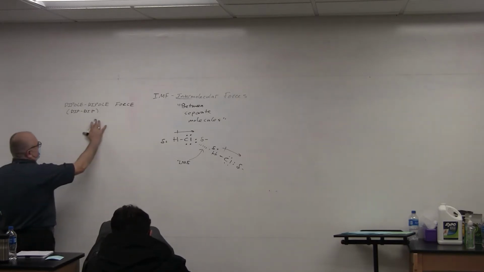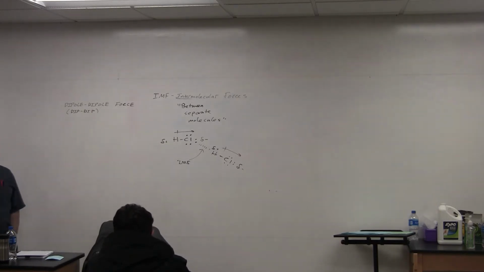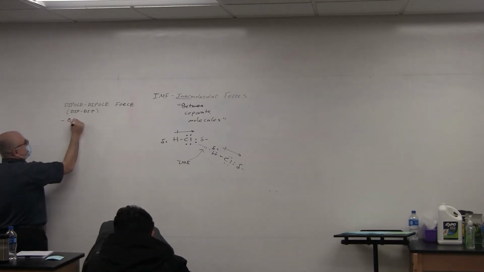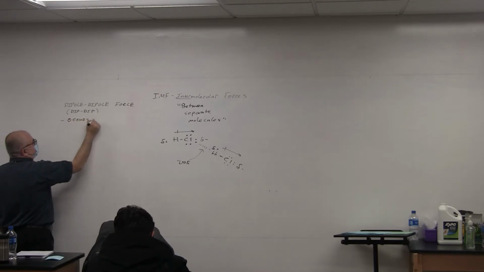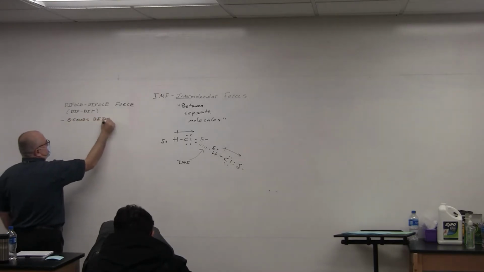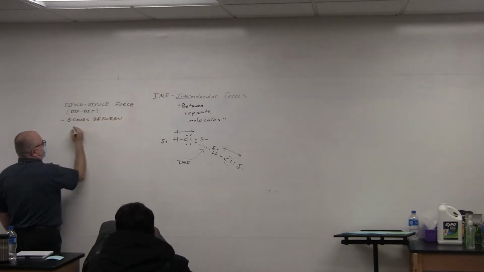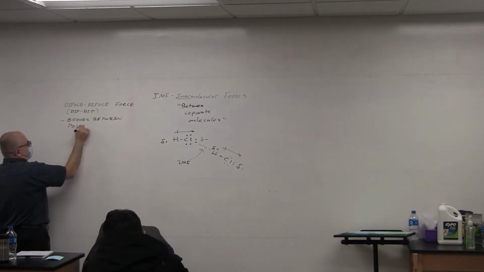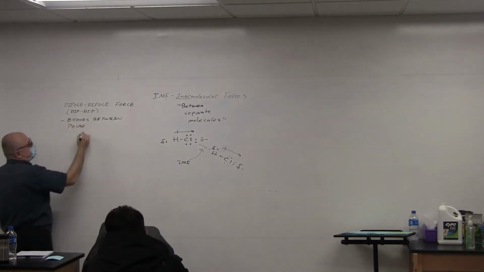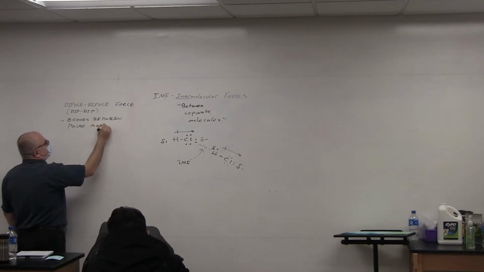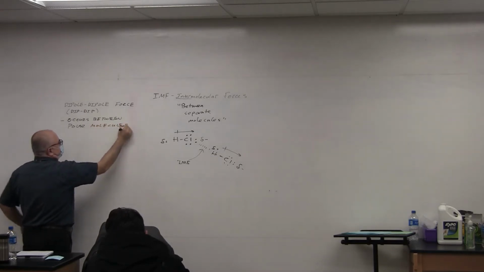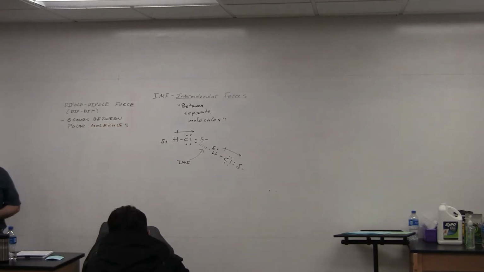Anyway, the dipole-dipole force has the following requirement. It occurs between polar molecules. Notice the between, meaning there has to be at least two. So in order for us to be able to establish that a dipole-dipole attraction happens, we must first be able to establish the presence of polar molecules.